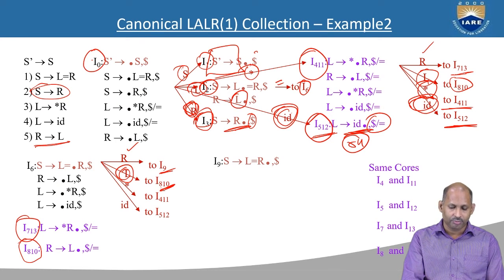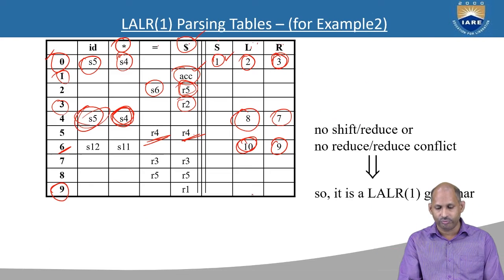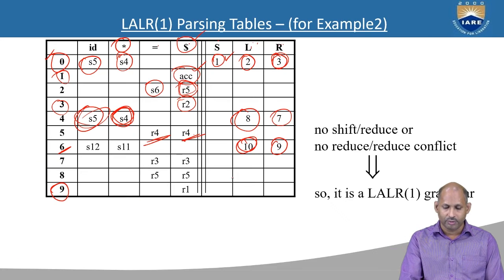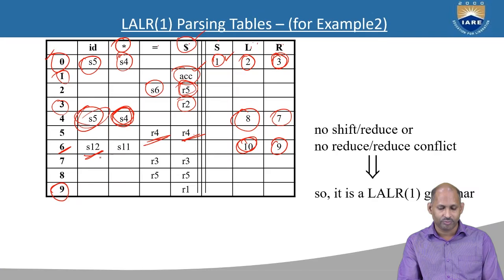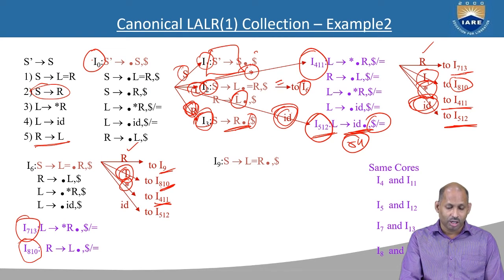Then on multiplication I4, so shift 4 or shift 12. Then on ID I5.